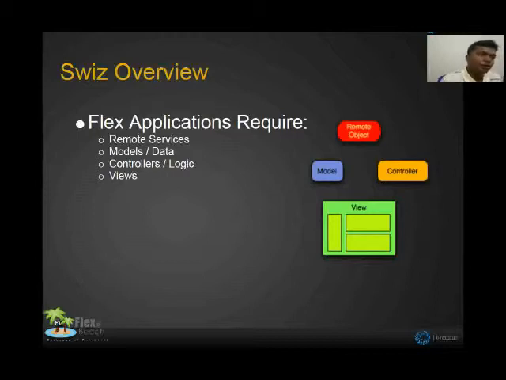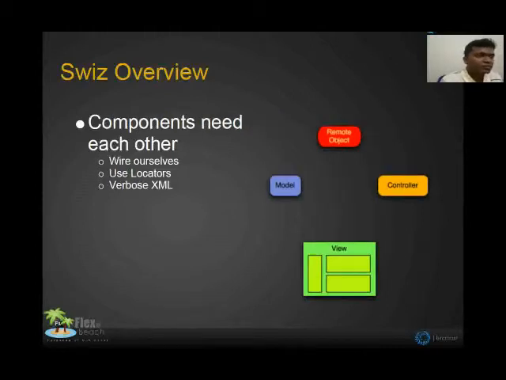Then there is the view, which is the main face of your application, seen by end users. All these four components need each other, there is no doubt. They have to get wired together, using locators, verbose XML, everything.